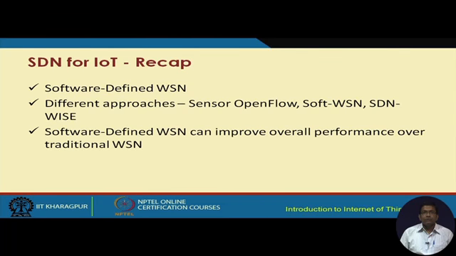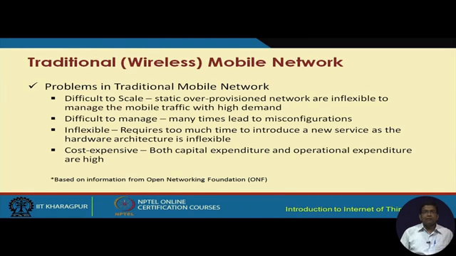The community can use them if they want to implement SDN for WSNs. And we have also discussed how software defined WSN can improve the overall performance of the network compared to traditional WSNs. So, this is what we discussed earlier.